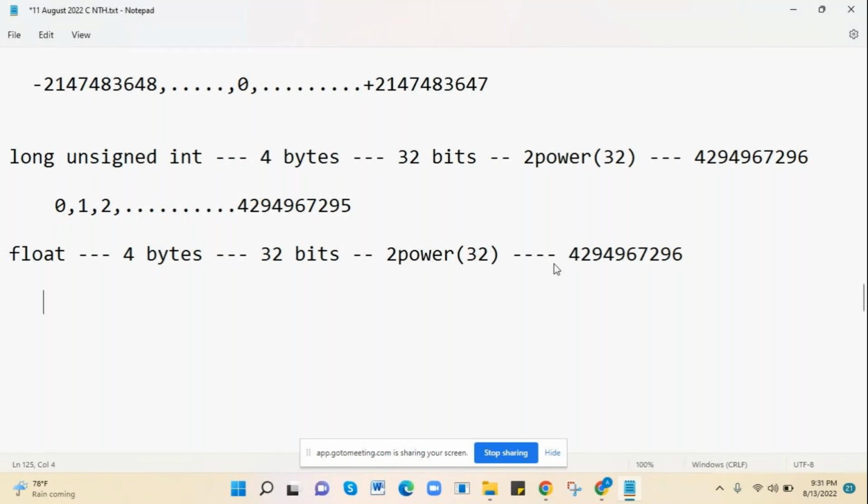Okay, so that is about float. In the float it has negative values as well as positive values, like this one.